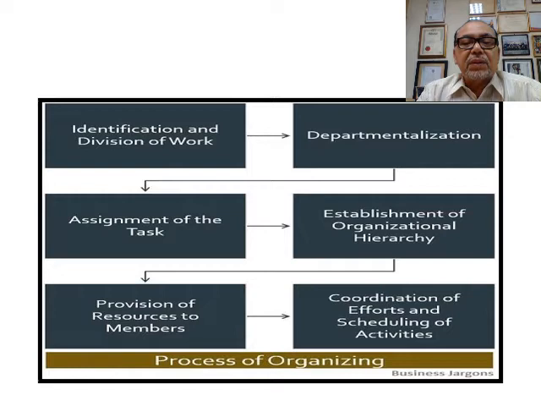Then provision of resources to members. Yes, you need to produce a car body, so you need to allocate the resources, the material that you need to produce the car body, to each worker or each member of the working group. Then coordination of efforts and scheduling of activities. Let's say you're producing the car, so you don't need the tire now.